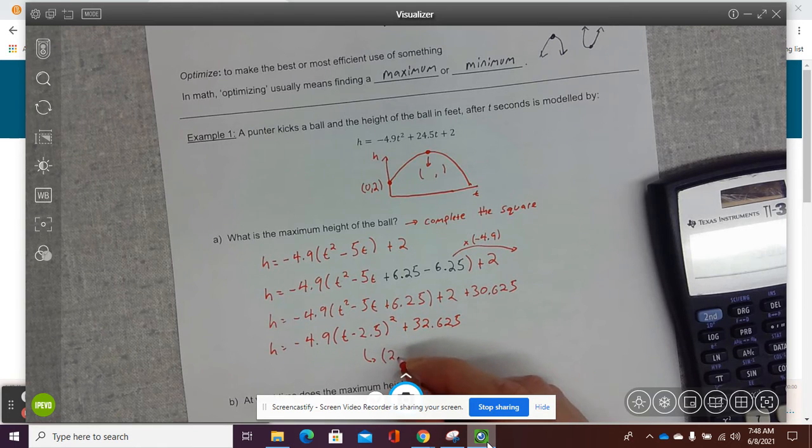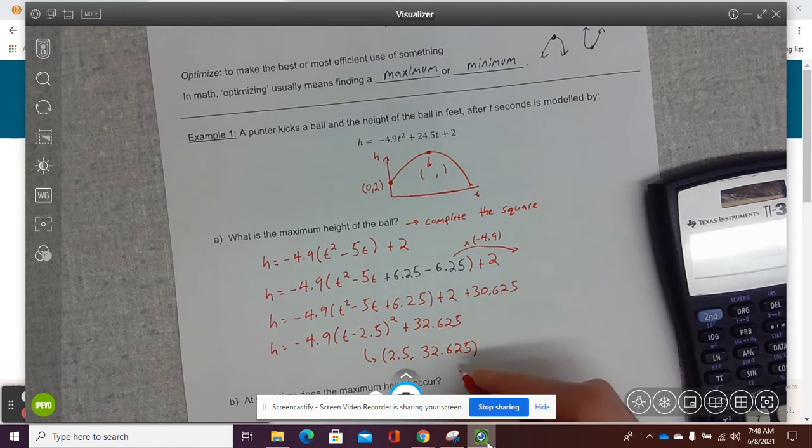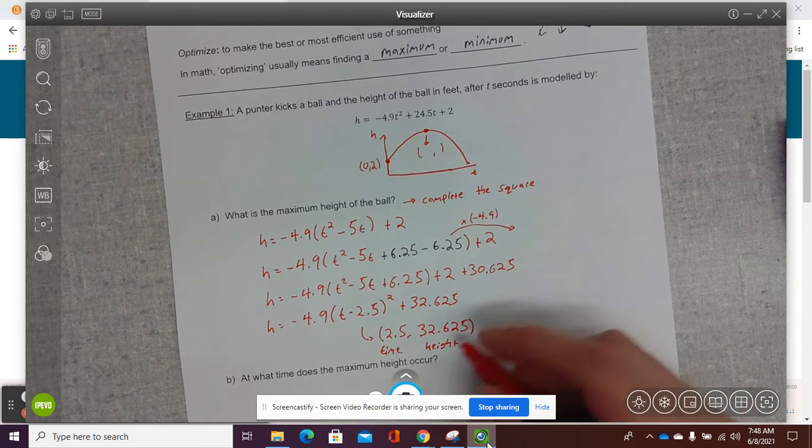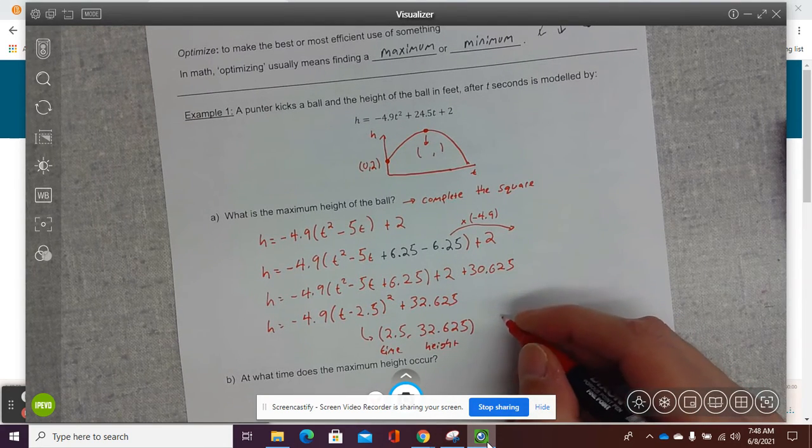So my vertex is 2.5, 32.625. And instead of x, y, what we have now is time and height. So this is my vertex. So the maximum height I reach must be 32 meters.